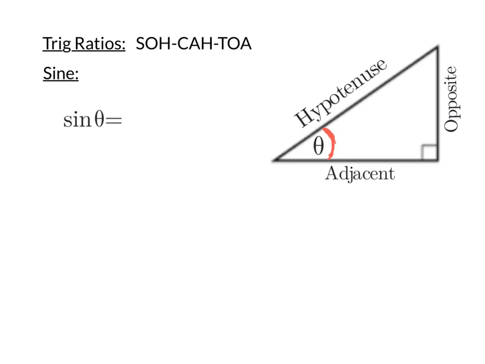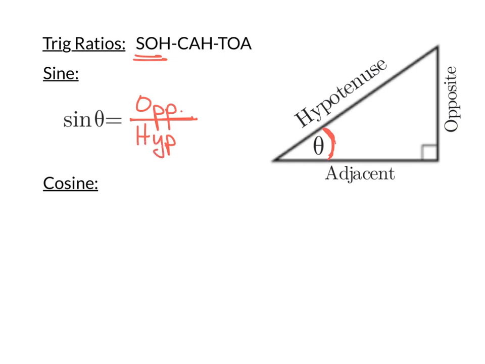And its trig ratio is going to be a ratio, so comparison of two numbers, where the sine of theta is going to be the length of the opposite side over the length of the hypotenuse. That's what SO means. Sine is opposite over hypotenuse.